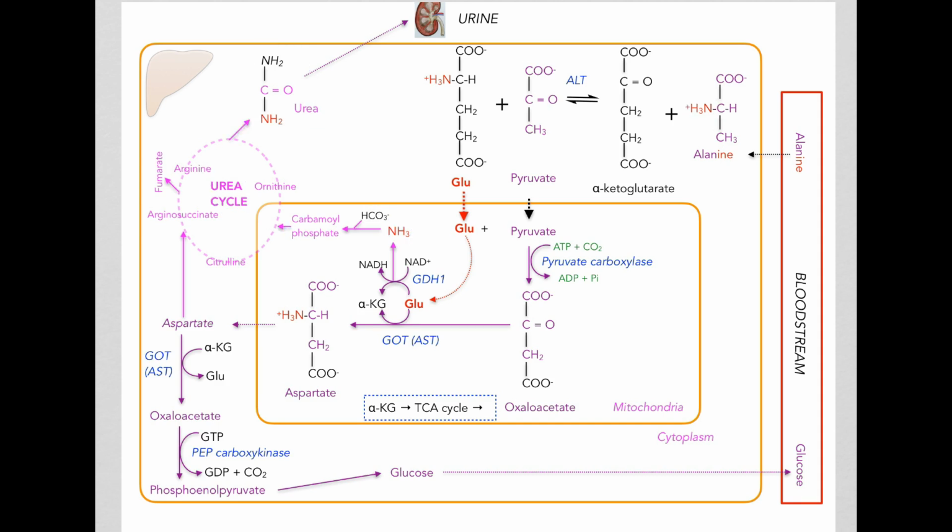So in this way, the carbon skeleton of alanine is made into glucose, while the amino group of alanine will be made into urea, and this urea will be sent to the kidneys, and there it can be excreted into the urine if there is excess nitrogen in the body.